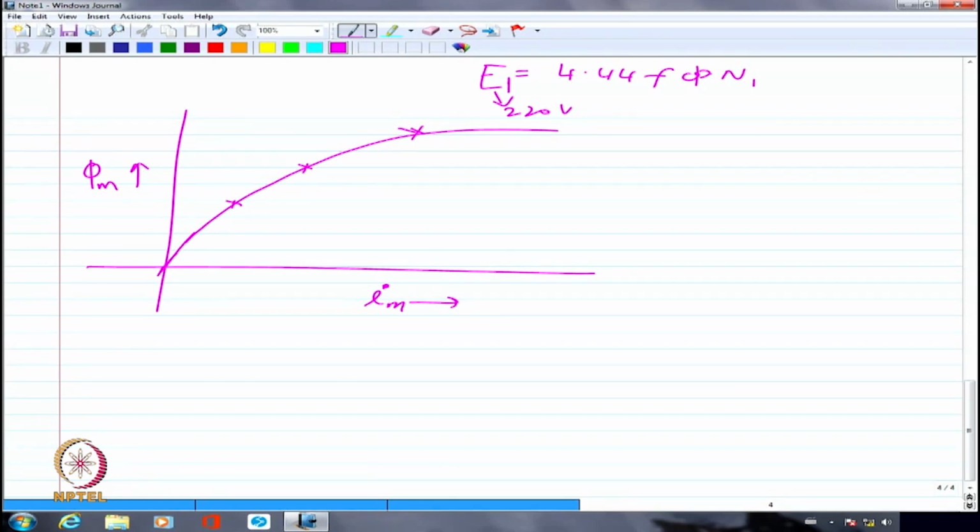It cannot change, because it is essentially E1 divided by 4.44 divided by frequency, divided by the number of turns. It is set in stone. Once that is set, I know for sure that I am going to operate at some particular operating point, nothing else.